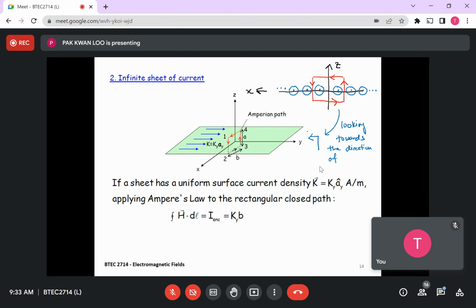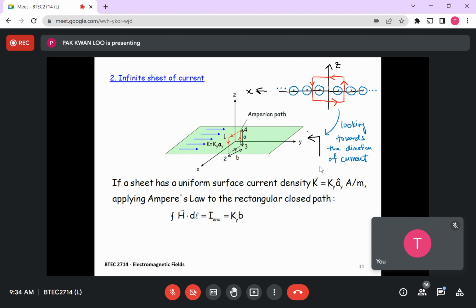So this is the front view. I put an arrow here just to say that I'm looking towards this arrow, towards the direction of the current. So this is my view now.